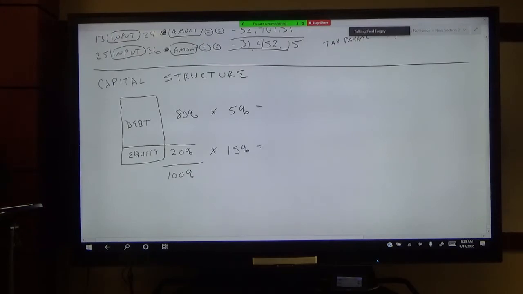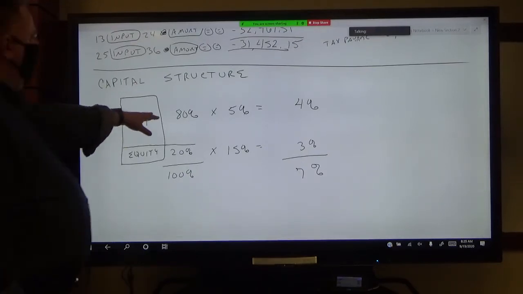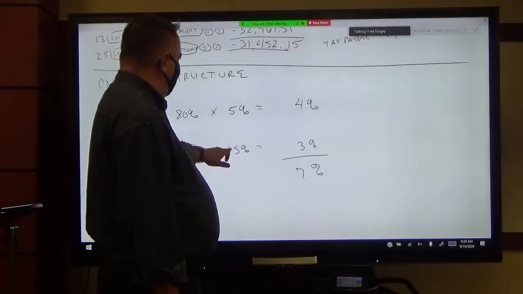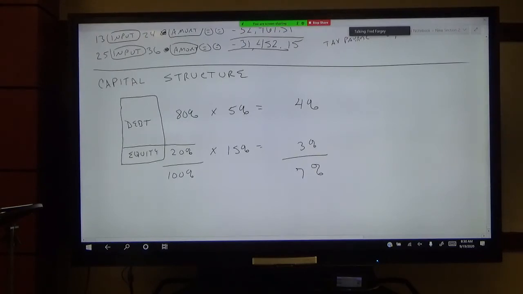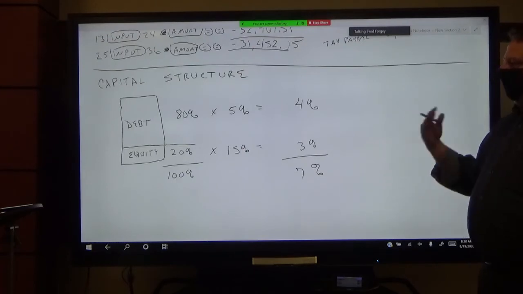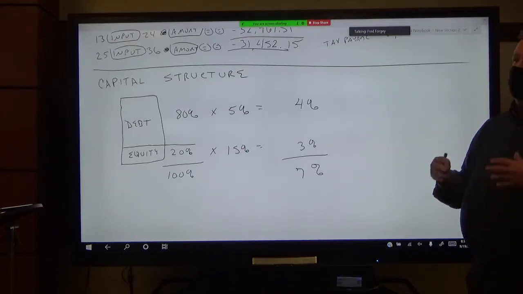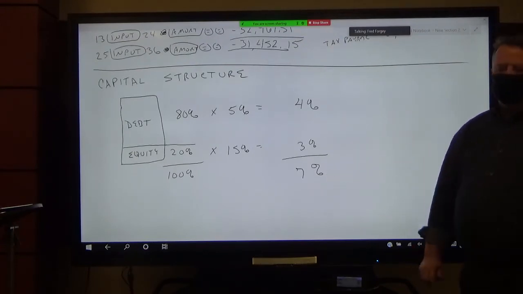Okay, so if we multiply these out, what we find by calculating our cost of debt and our cost of equity, or return on equity, based in relative terms on the overall percentage contribution to our capital structure, is that our overall cost for our capital structure is 7%.